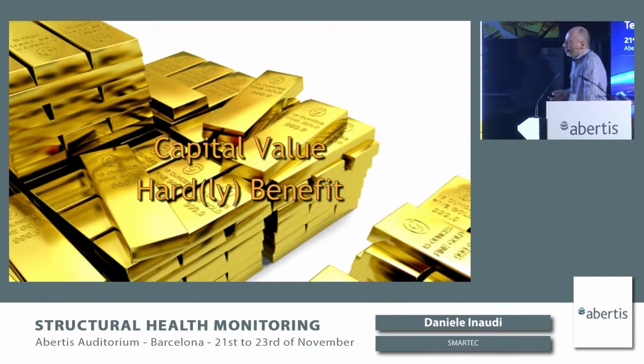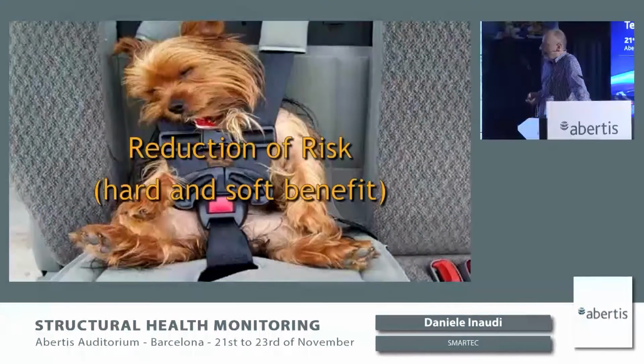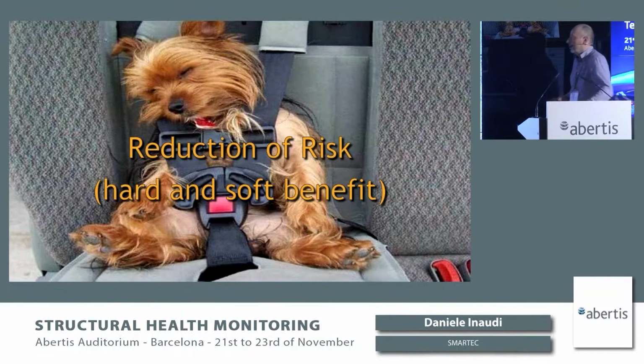Okay, capital value is not really a benefit, so adding something to a structure adds to its value, but by itself is not very useful. So the first tangible asset is the reduction of risk or peace of mind, if you want to call it that way. So that's both a hard benefit and a soft benefit.